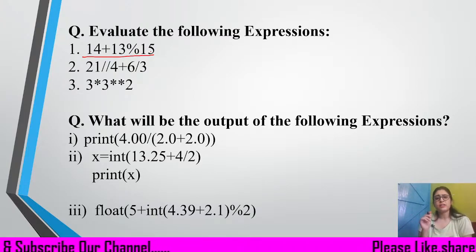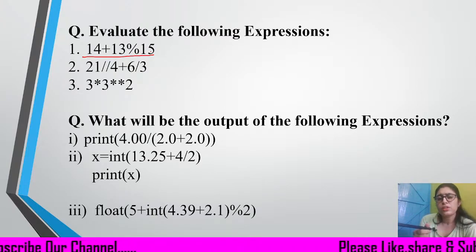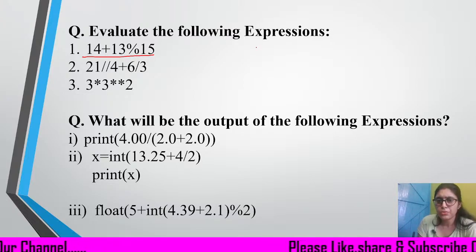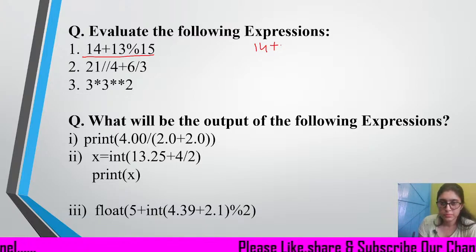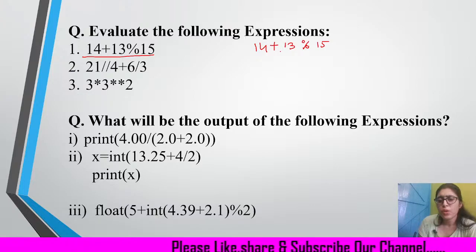I will add an extension of this question. Okay, evaluate the following expression with the data type of the final result. Okay, so how to do it? See over here. Modulus 15. Okay, now what is the precedence of the operator?